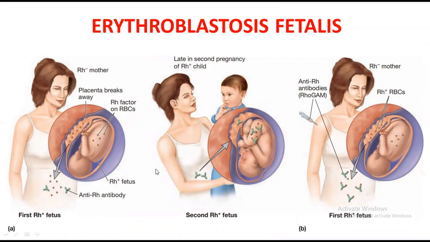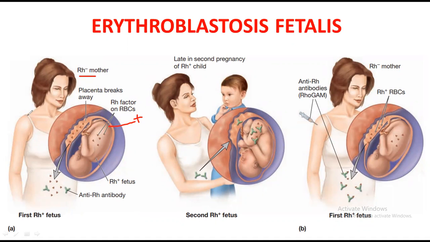For example, there is a case where a mother is A negative, and she is not having Rh antigens over her RBC. And she is having her baby, and he is positive, so he is having Rh antigen over his surface.